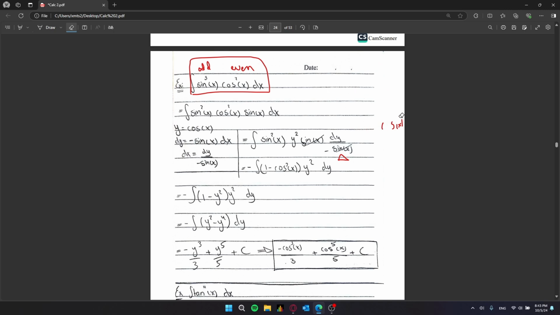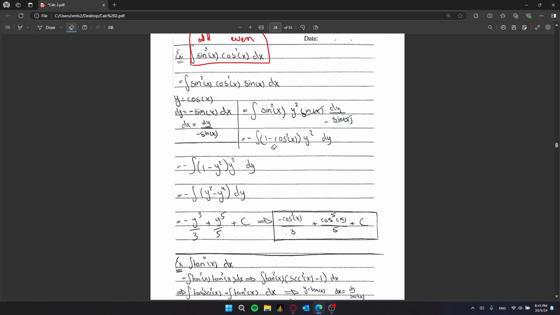Once you have it as the integration of 1 minus cosine squared of x times y squared, did we not just agree that cosine of x is equal to y? So we can substitute that with y. So now we have 1 minus y squared multiplied by y squared. You throw that into the middle.